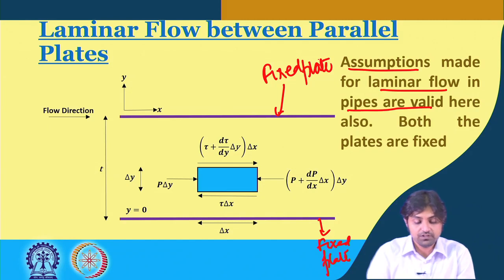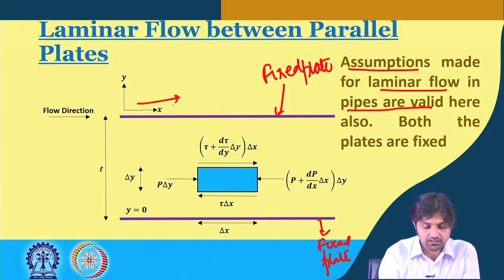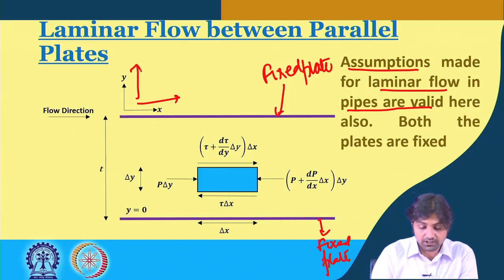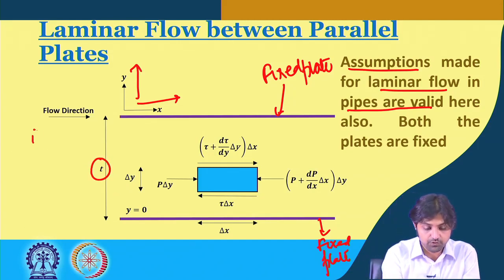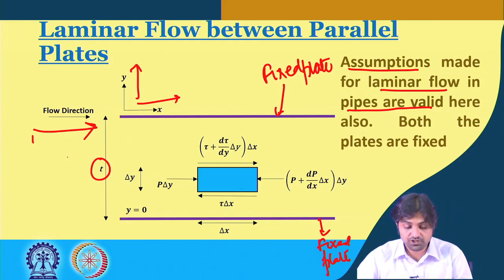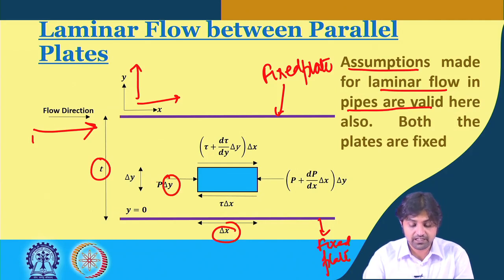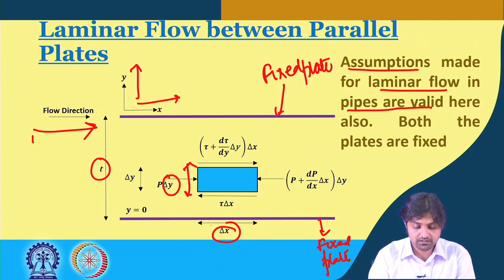As you can observe, this is the x direction and this is the y direction. The distance between the plates is given by t. The flow is in the positive x axis direction, and we have assumed an element with length delta x and thickness delta y.